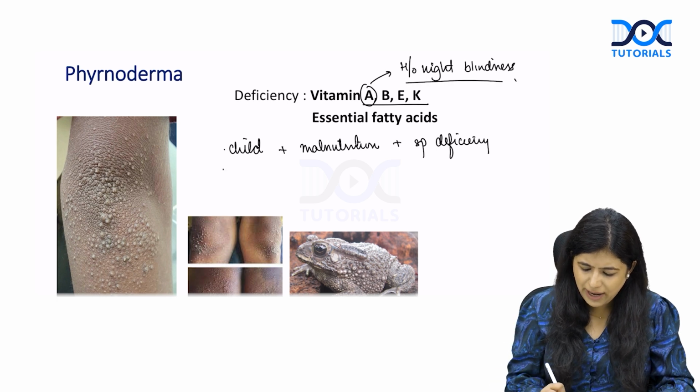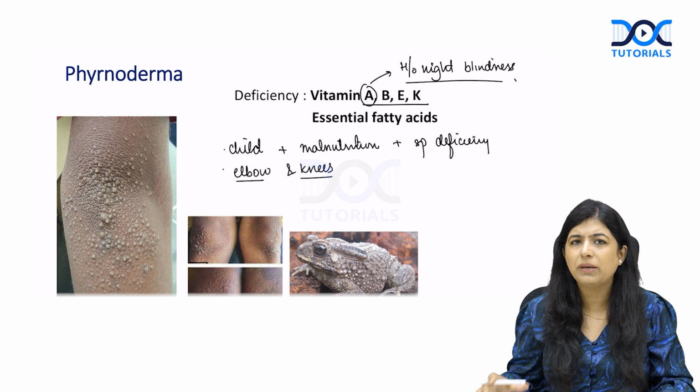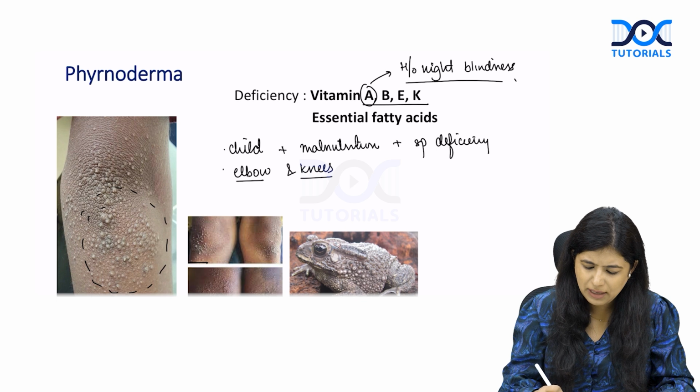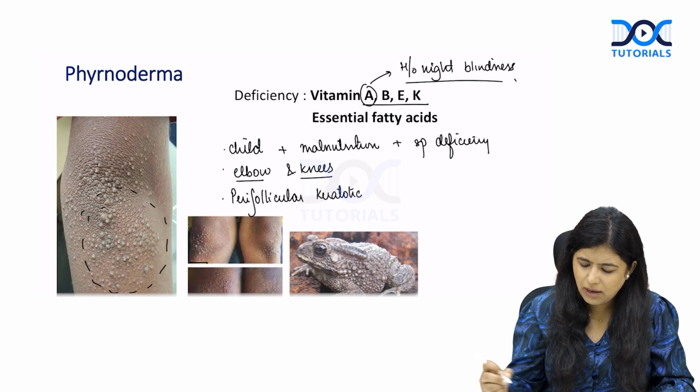Now, the area where the rash is seen are the elbows and the knees. So the site that may be mentioned in the exam are the elbows and the knees, or you may be given an image about that. When you see the image, what do you see? You see these raised papules around the hair, which are called as perifollicular keratotic. They are slightly hard and rough.